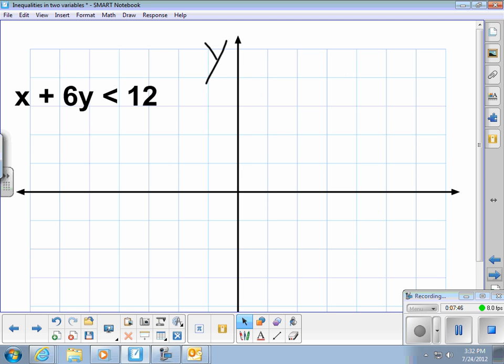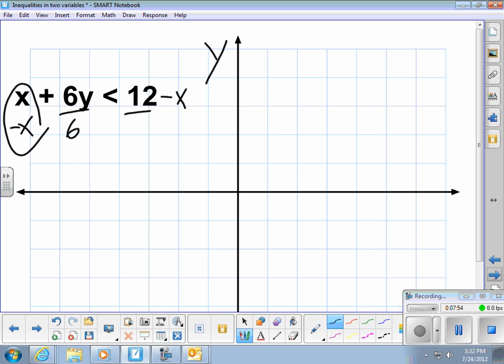Let's try another one. Dividing each side by 6. Well, x divided by 6 is the same as 1/6 of x, 1/6 times x.